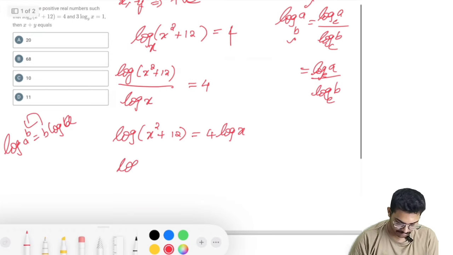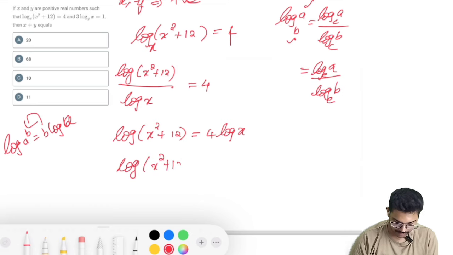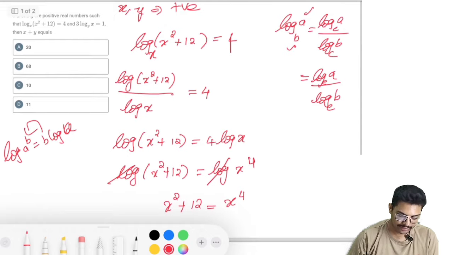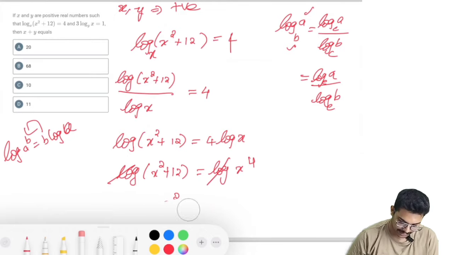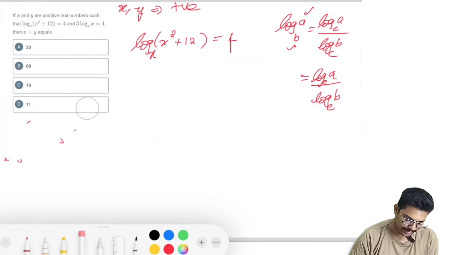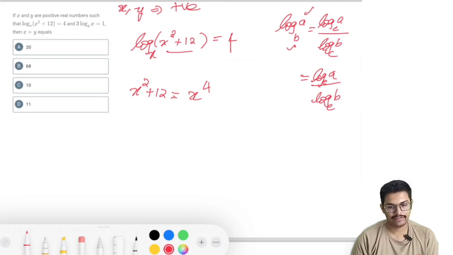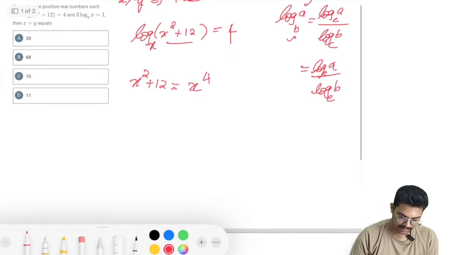So log of x square plus 12 equal to log x raised to 4. When you take anti-log, it will be x square plus 12 equal to x raised to 4. No need to do all these steps. From here itself you can directly write x square plus 12 equal to x raised to this value. No need to write all of these.